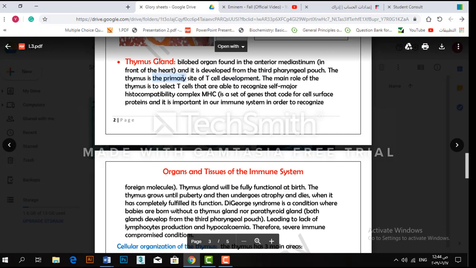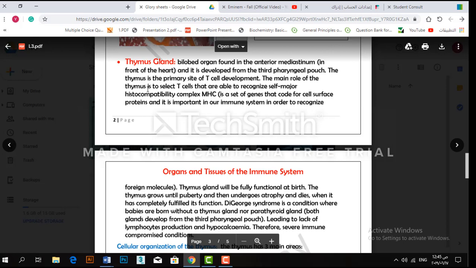See, primary site of T cell development, not primary site of T cell production. So T cells are produced in the bone marrow, and the development and maturation of the T cell will be in the thymus gland.